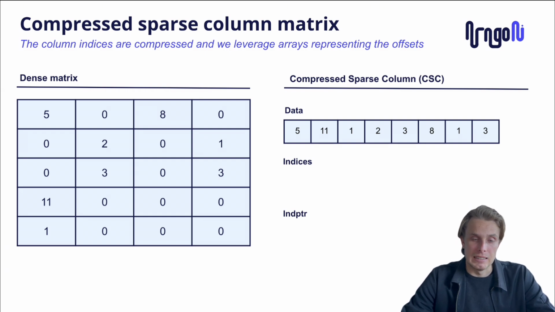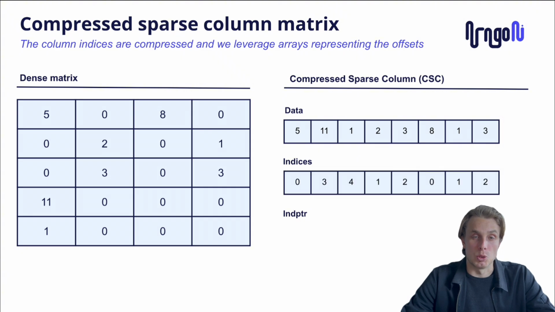What we can then build out is our indice array. This maps directly to the data array. And what this is telling you is, for the element in the data array, what is its row position, its row coordinate in the original dense matrix. So if you can see here, we are representing the value 8. And if we look in our dense matrix, we can see that is in the first row.